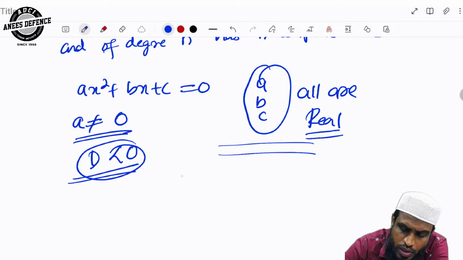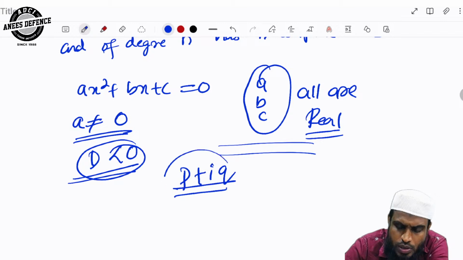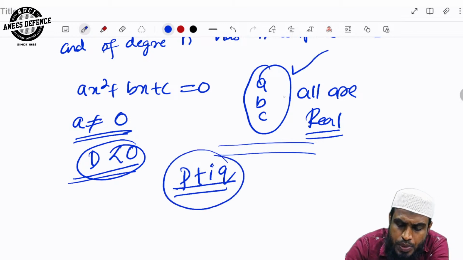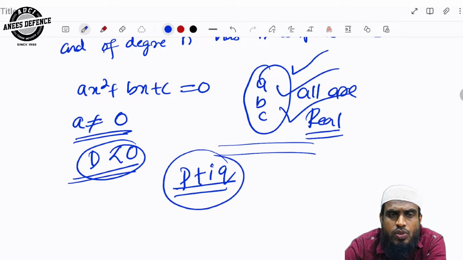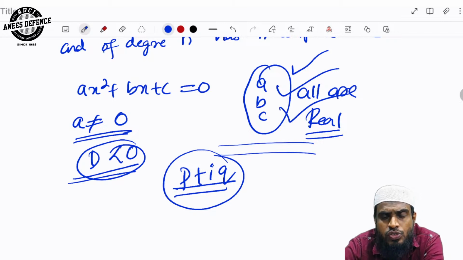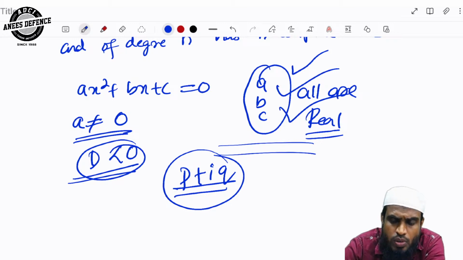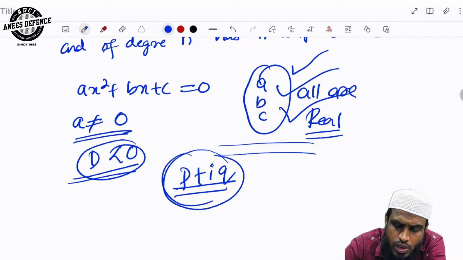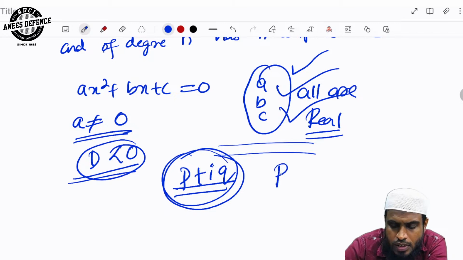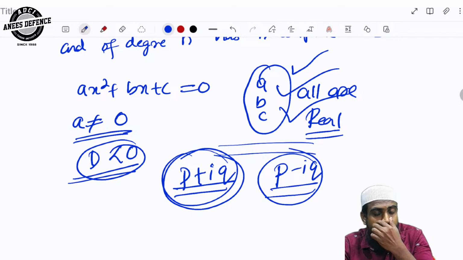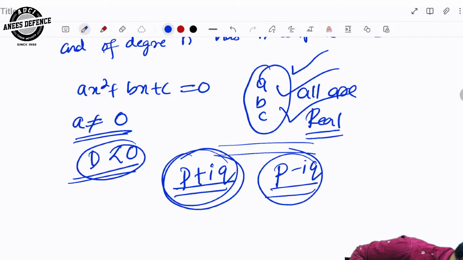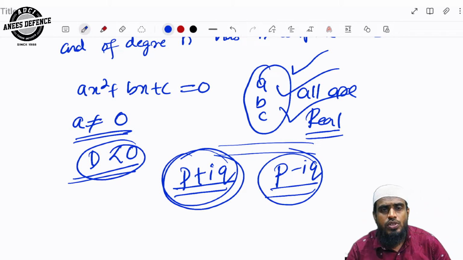So if the solution of this quadratic equation is p plus iq, here the coefficients of x square, x and the constant all are real, then if p plus iq is there as a complex root, for sure p minus iq will also be there. In a general quadratic equation, ax square plus bx plus c equal to 0.